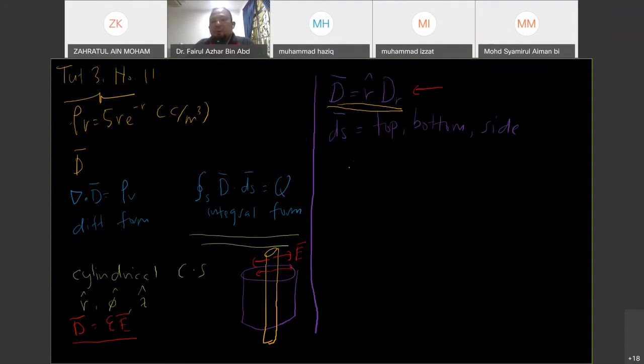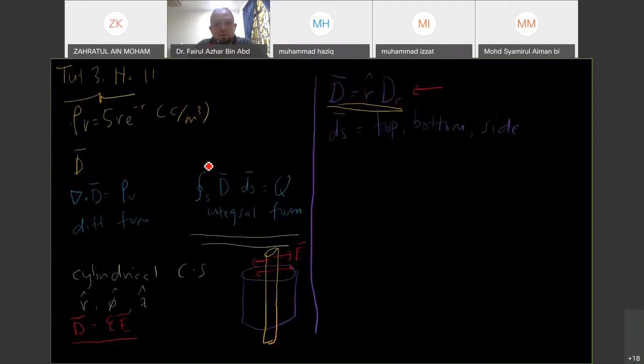At the same time, we need to perform a closed integration of area. Whenever we have this operation, that means we need to perform surface integration and add together the results for the top, bottom, and side.